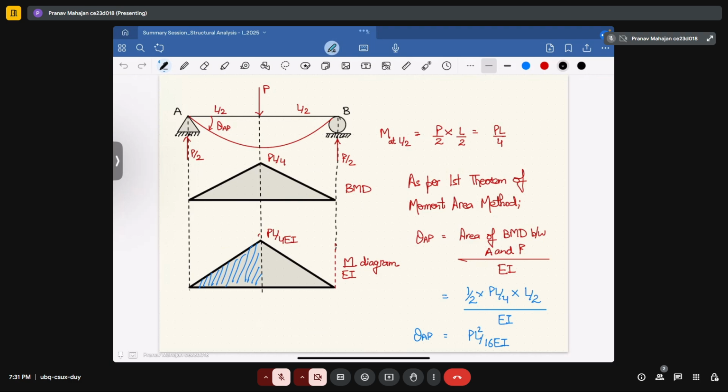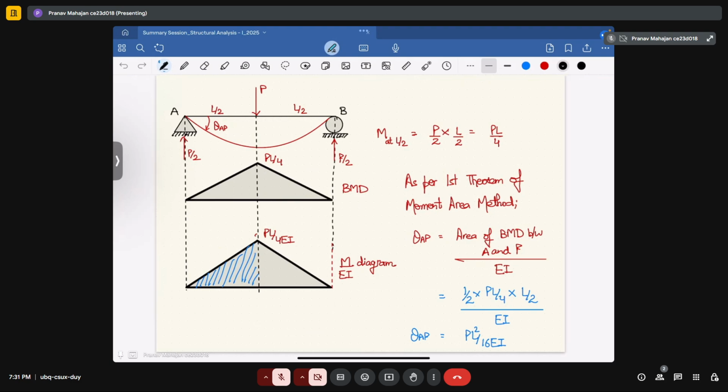That area will be 1 by 2 into PL upon 4 multiplied by the half length of the beam, L by 2, divided by EI. If you do that, you will get the value of slope equal to PL square upon 16 EI. If you further take the moment of this area of the bending moment diagram, you will get the deflection also. But in this case, it is not required, so we have only calculated the slope theta AP.